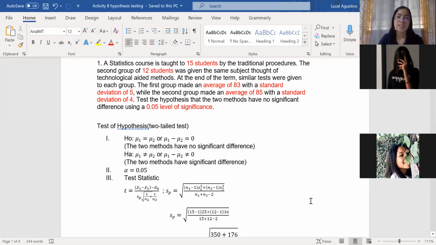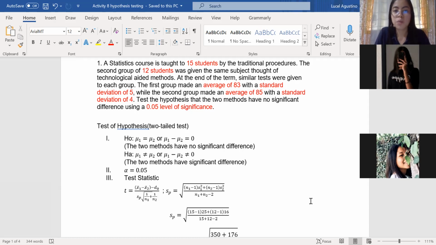Okay, so a statistics course is taught to 15 students by the traditional procedure. Reminder, what I'm presenting to you is the independent t-test. The paired t-test is different from the independent one, meaning they are separate groups. What I'm presenting is the independent t-test, which is commonly used in research.